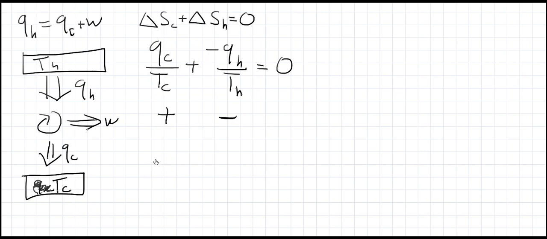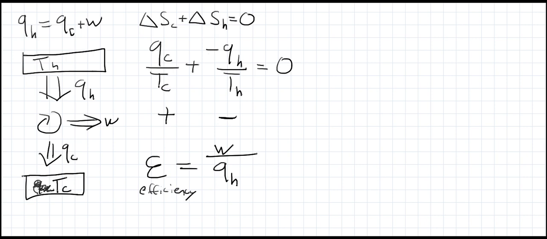Let's go ahead and define efficiency. Efficiency usually has the symbol epsilon, and we're going to define it as what we get out divided by what we put in. Well, what we get out is work. That's what we're trying to get out. And what we're putting in is energy in the form of heat.